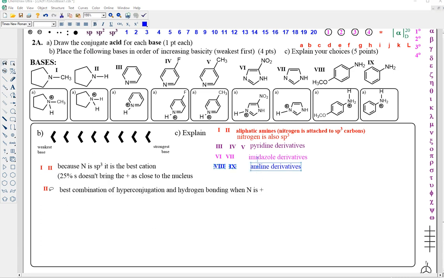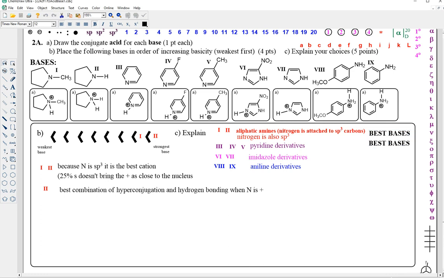This makes 2 the best base, 1 a close second. Aliphatic amines are the best bases.